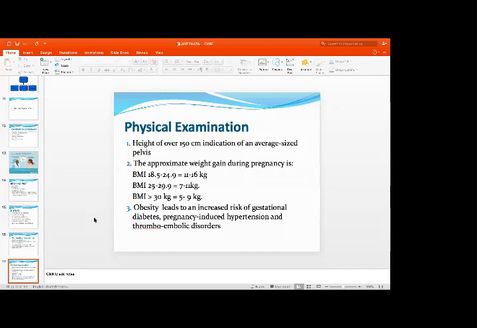And if she is obese, with a BMI of more than 30, then the weight gain should be 5 to 9 kg. So this is the recommendation of weight gain during pregnancy. Obesity leads to an increased risk of gestational diabetes, pregnancy with hypertension, and thromboembolic disorders. So that's why we must take BMI, and the weight gain should be according to the BMI.